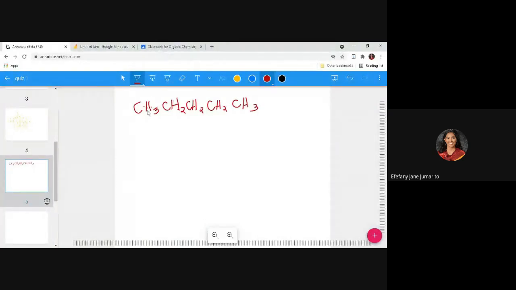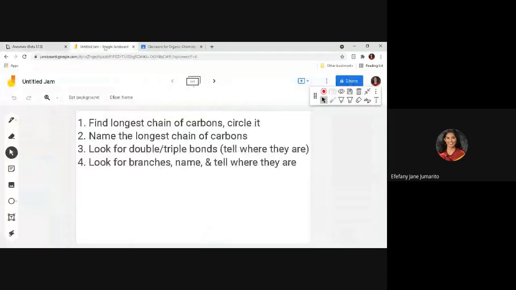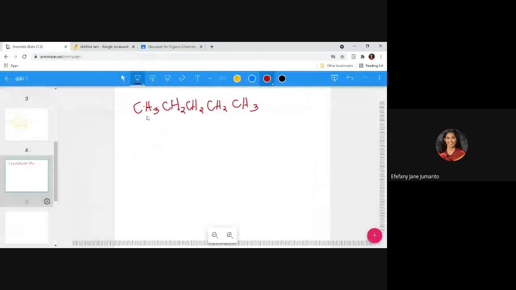So first thing to do is one, find the longest chain of carbons. So we have how many? Okay, let's name this one class. So as we can see, this is just a straight chain. It's just straight. Okay, so this is our longest chain.